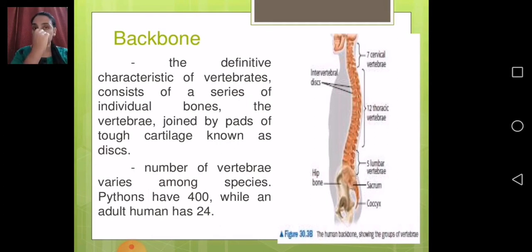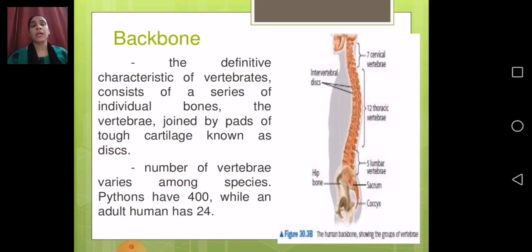Now if I discuss the backbone of a python, it has more than about 400 vertebrae, and its vertebrae are so formed that when they hold their prey, it will be crushed by this backbone.